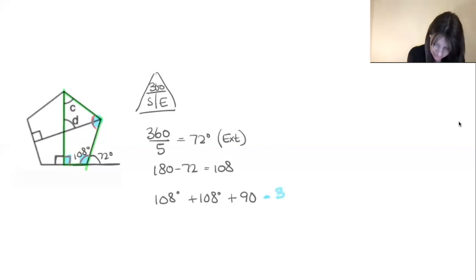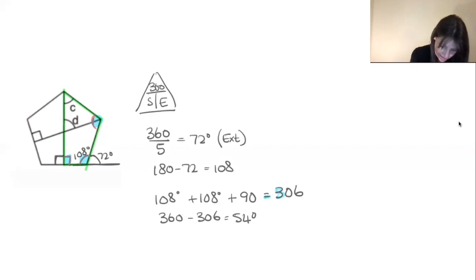We get 306. Take that away from 360. And you've got your 54 degrees. Okay. So I now know that C is equal to 54 degrees, and I could mark it on if I want to up here as well.